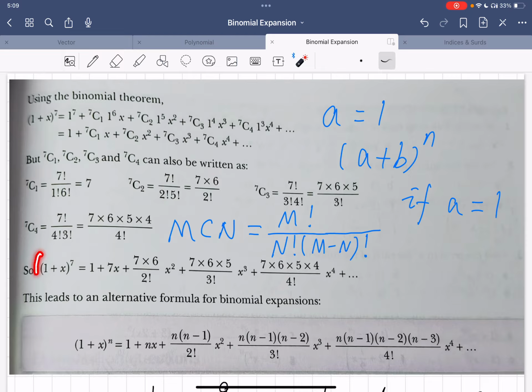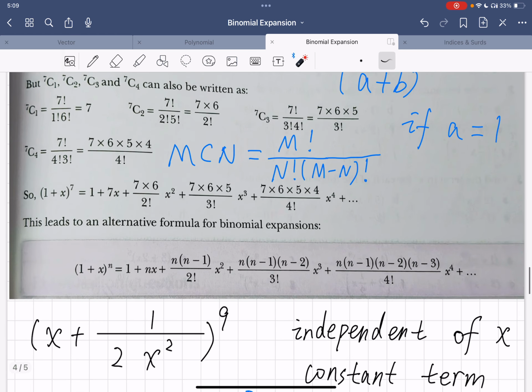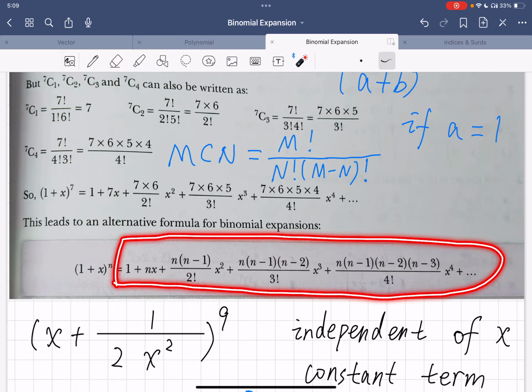So if a equals 1, then 1 plus a variable to the power 7 would always give you this expansion. And by extending this result to a more general expansion, it is 1 plus x to the power n instead of power 7. We've got this very special formula. Why is it special? Because it only occurs when a equals 1.